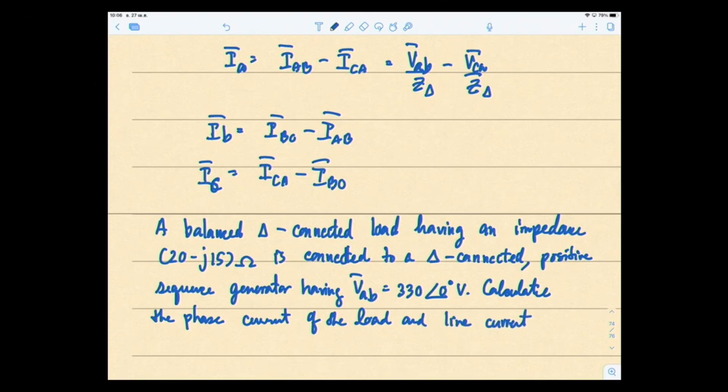Calculate the phase current of the load and line current. So this is a delta load and delta positive sequence generator.